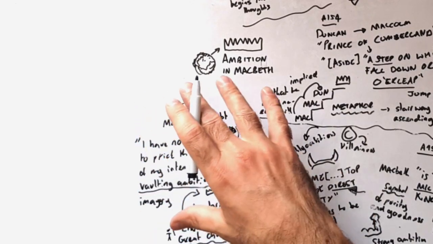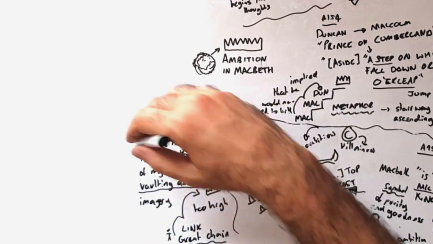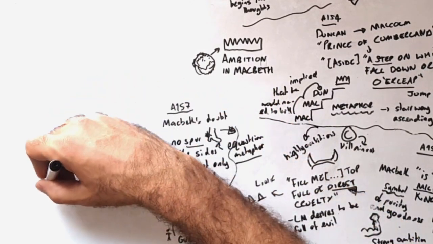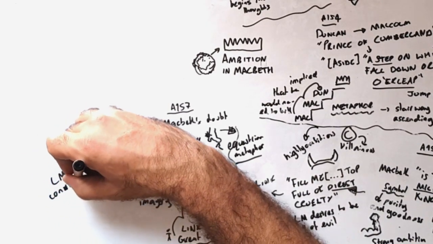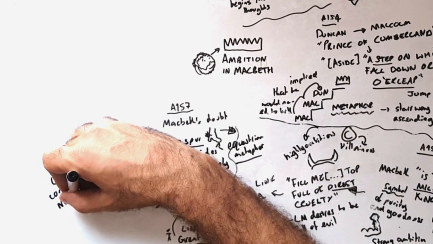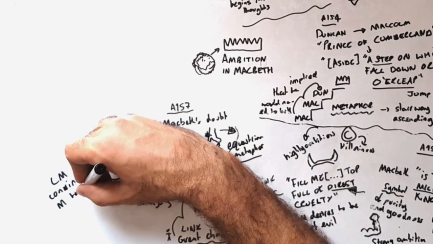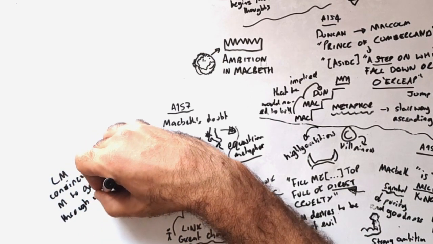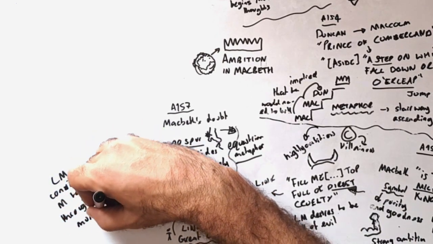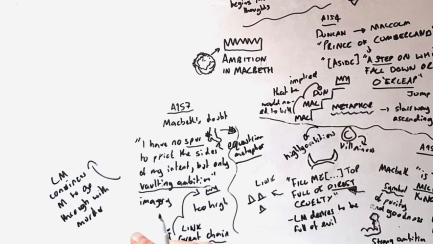So moving past Act 1, Scene 7, of course, Lady Macbeth convinces, and we're going to skip that scene, but she convinces Macbeth to go through with it. I can reference that there, and she does it through, of course, humiliating him, playing on his masculinity.